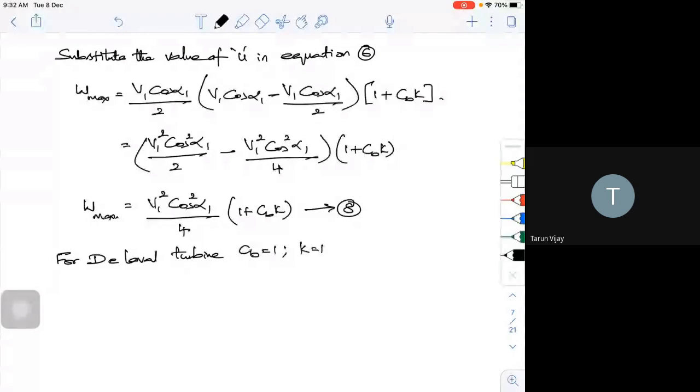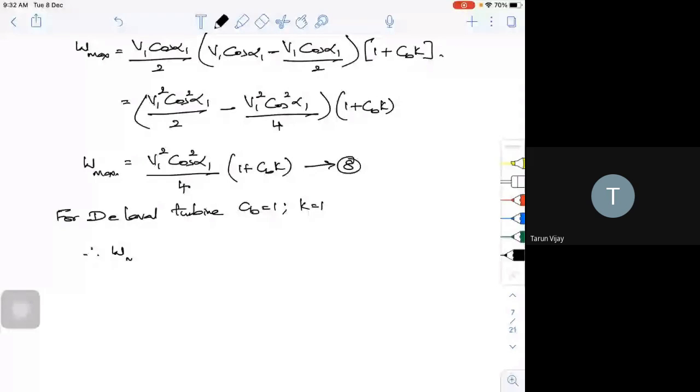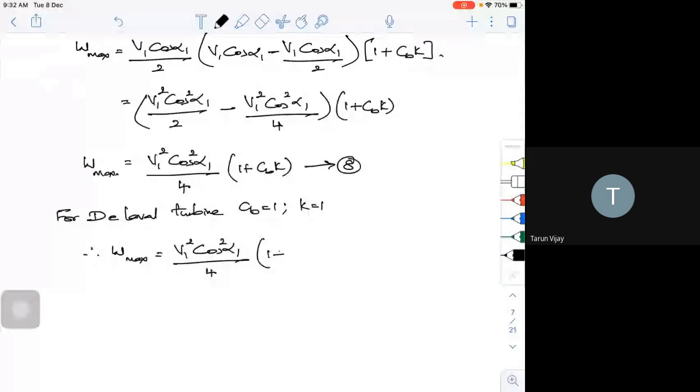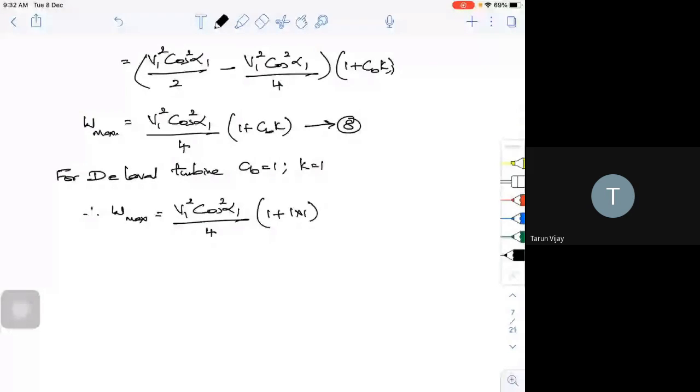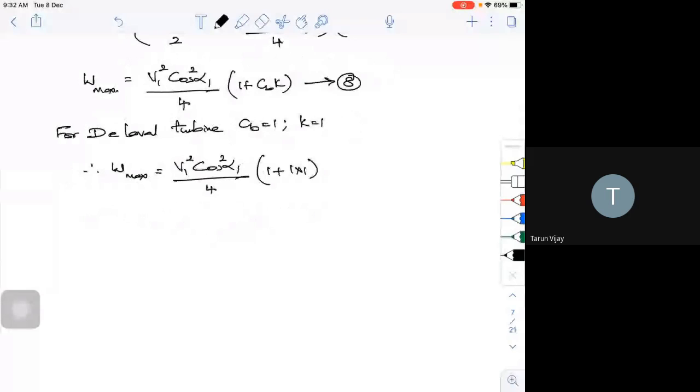So W max equals v1 square cos square alpha 1 divided by 4 into 1 plus 1 into 1, which becomes 2 by 4. I get W max is equal to v1 square cos square alpha 1 by 2. This is equation number 9, the expression for maximum work done for an impulse case of a de Laval turbine.